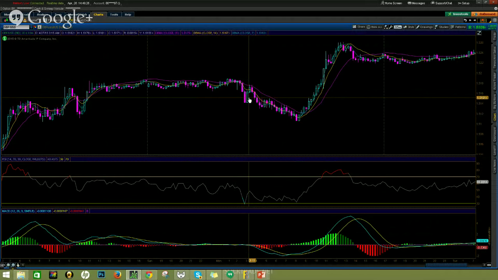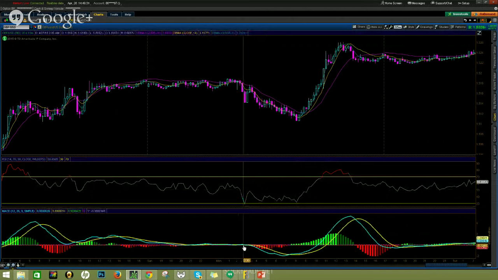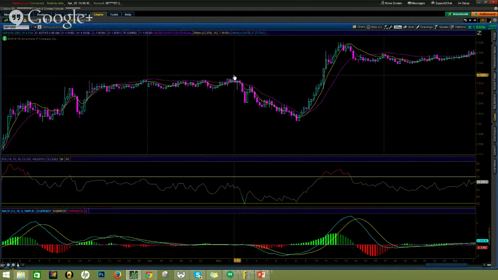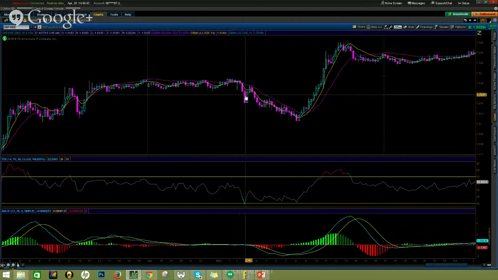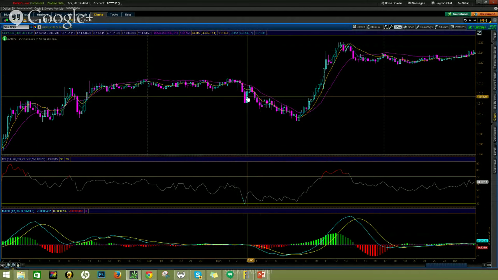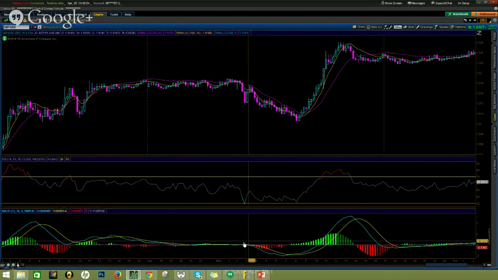One, the MACD is headed down. Two, the 7 and 14 have already crossed to the downside. They did not cross back up to the upside during this part. So I just wouldn't have taken it on either one. It's just a trade to avoid.